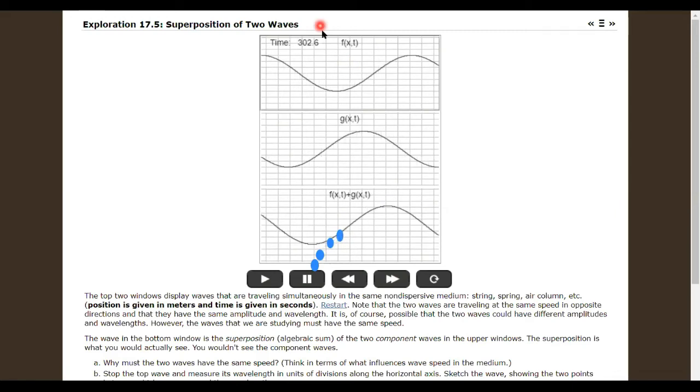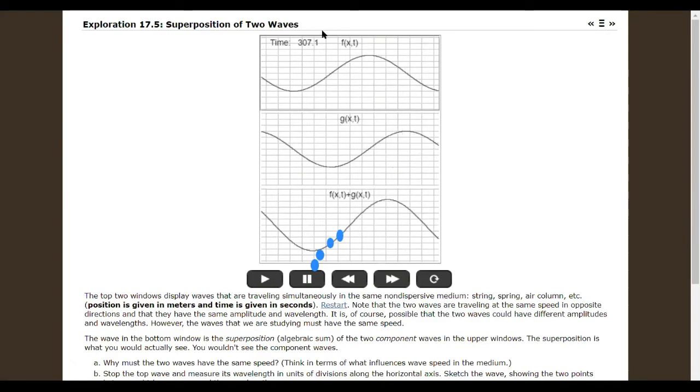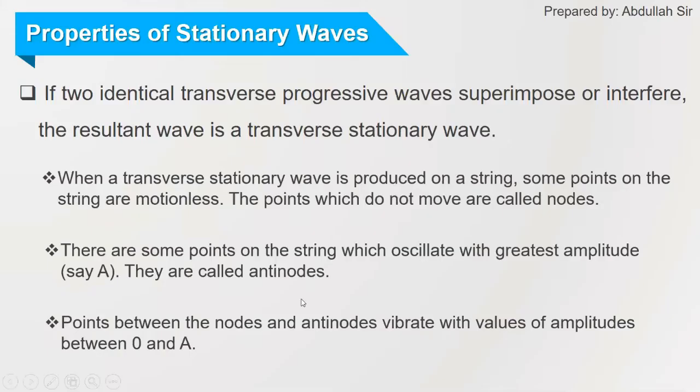So what we have seen in that animation is that the points between nodes and antinodes vibrate with amplitudes between 0 and A.